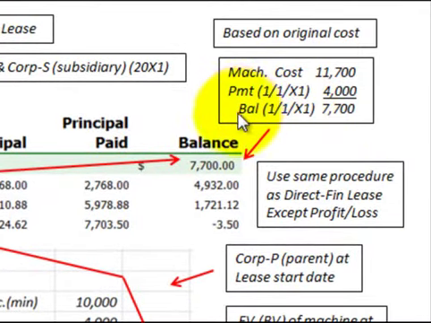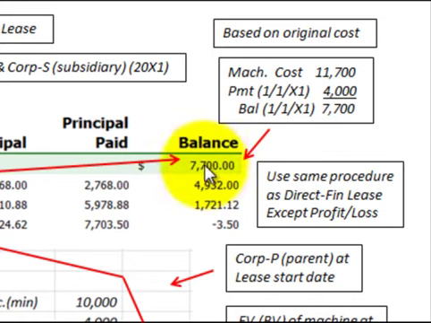We have to set up an amortization debt schedule. We have a machine cost of $11,700 and a payment due at the start of the lease year of $4,000. That gives us a balance of $7,700 on this lease. This is where we set up our amortization debt schedule.